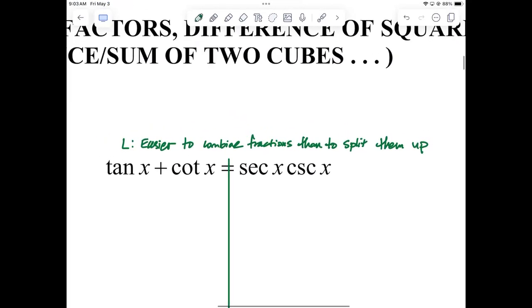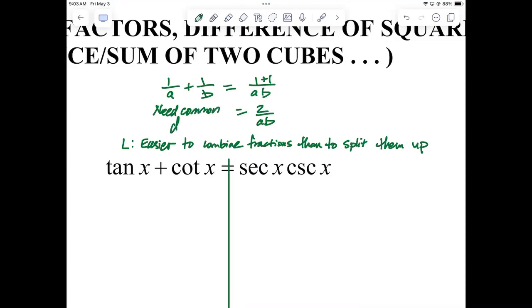So here's what I mean. If you have 1 over a plus 1 over b, that's 1 over ab, or 1 plus 1, sorry, it's 1 plus 1 over ab, which is 2 over ab. All you need is a common denominator. It's easy to find a common denominator and to combine two things.